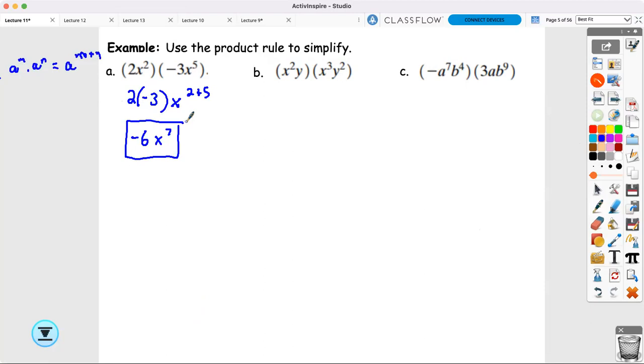Does everyone see what happens if we have numbers in front? We multiply them and then we add the exponents of the same base. Now look at B. B switches it up because now there are no coefficients. Now we have two variables to consider. Technically, guys, there are numbers in front of these variables.